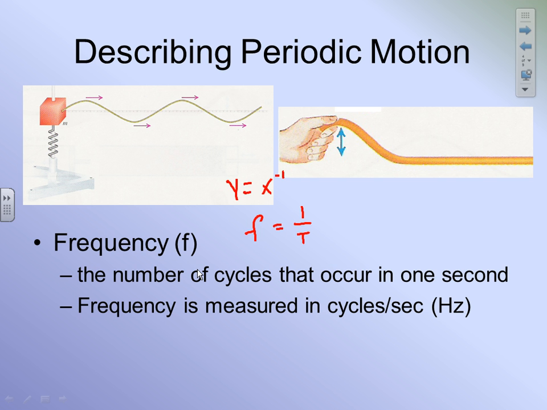If it takes longer to do one cycle, you're going to do fewer cycles per second. Or the other way around: T is equal to 1 over f. If the frequency increases, if there are more cycles every second, the amount of time it takes for one cycle decreases. Inverse relationship between frequency and period. Good there? All right, next.